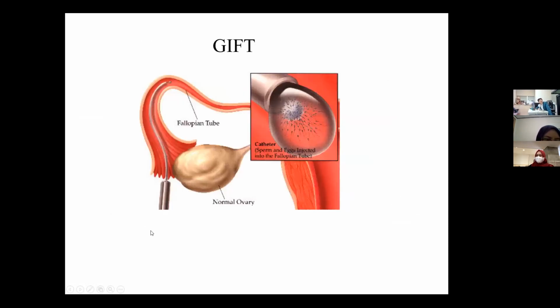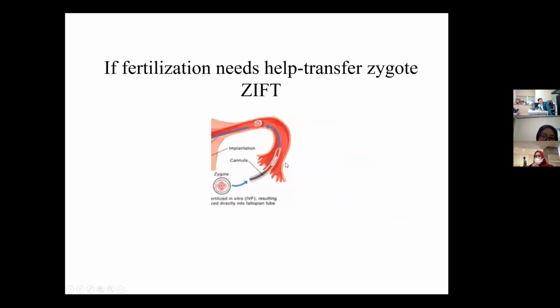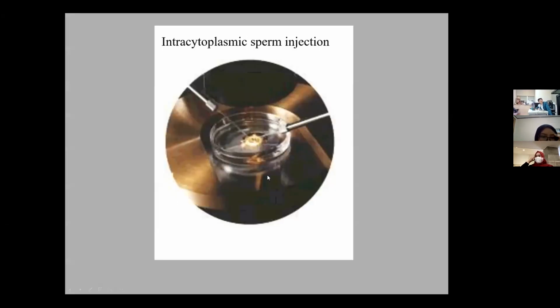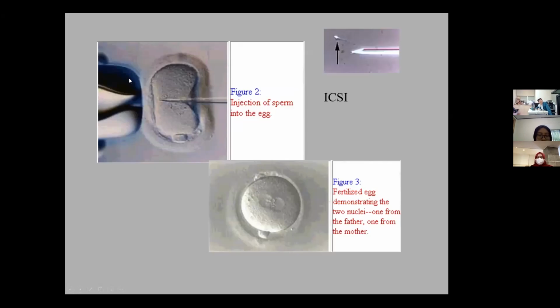Okay, this is another technique, the GIFT baby, and the ZIFT baby. Also, we need to do surgery. This is ZIFT. So this is ICSI. ICSI is the most expensive one. You can use this one to hold the ova.